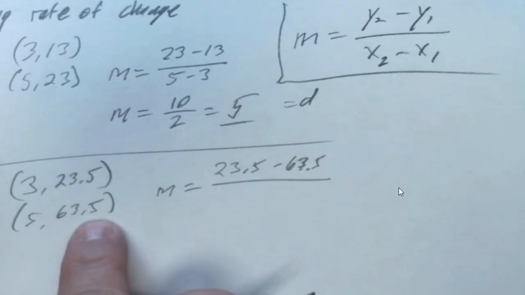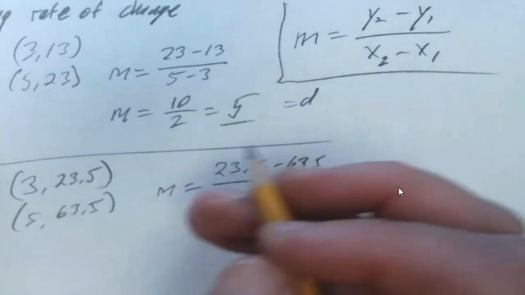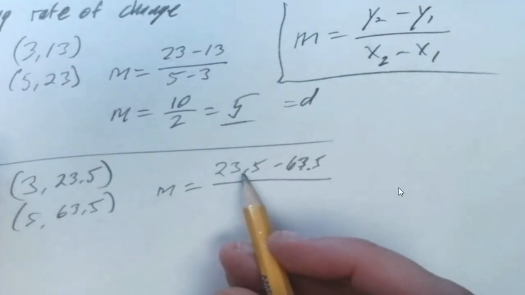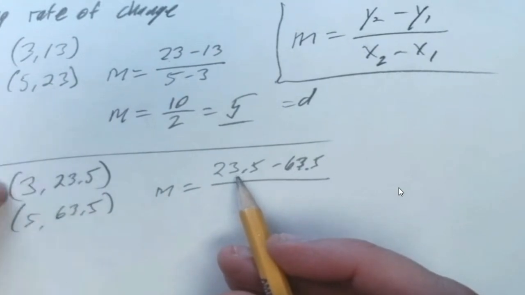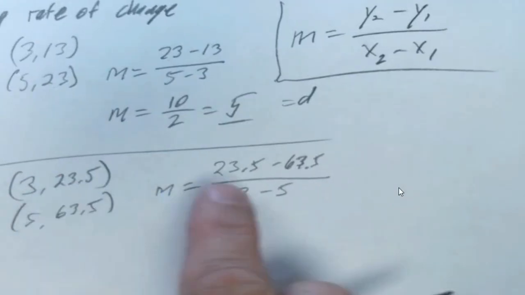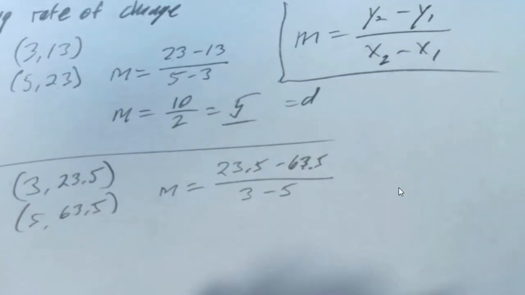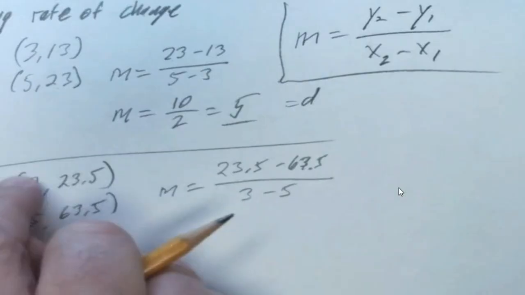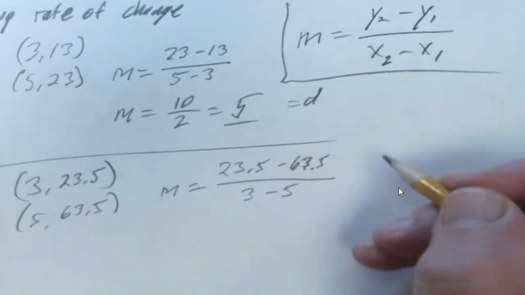Like, Mr. Brock, why didn't you do bigger versus smaller? It'll end up the same. I'll show you. So since 23.5 is first, 3 has to be first. 3 minus 5. The x and the y, they have to stay together. These are both first. These are both the second numbers.